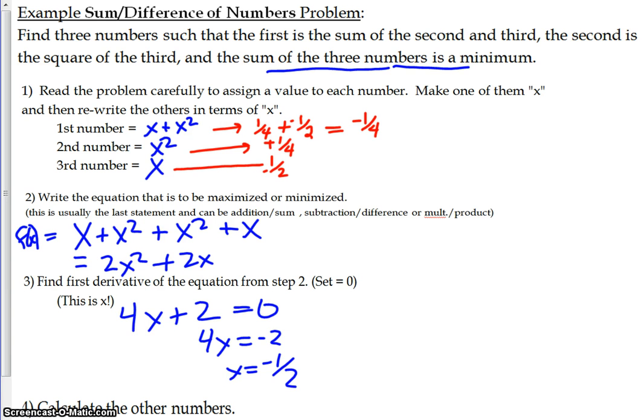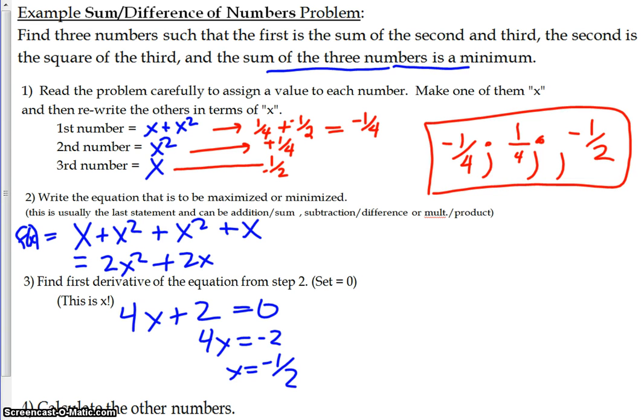So my answers in the end are: the first number is negative 1/4, the second number is positive 1/4, and the third number is negative 1/2.